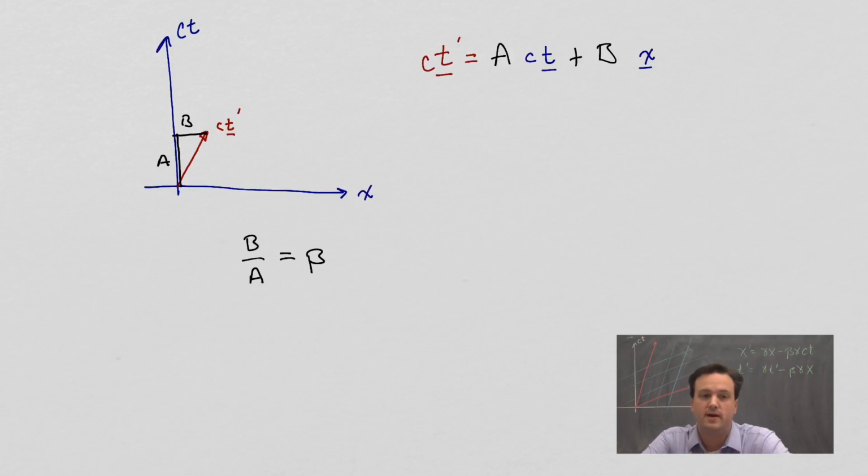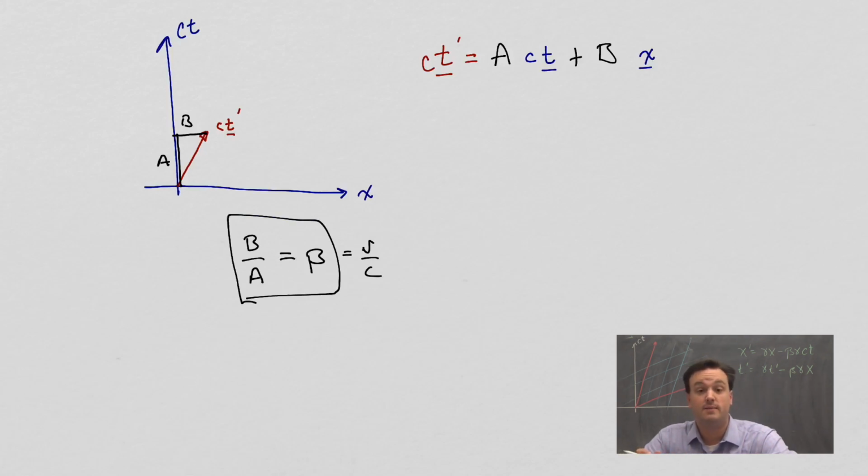Right? So I could go back to saying, well, the ratio of B over A is the tangent of the angle between the T prime and the T axis, and then I could say, oh, well, the tangent of that angle is actually equal to beta, the velocity divided by c, right? But we remember this relationship just by thinking graphically about what's going on in the spacetime diagram.